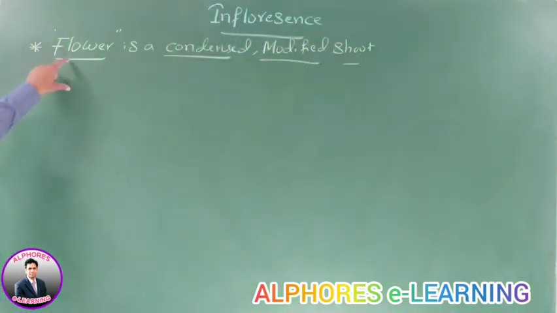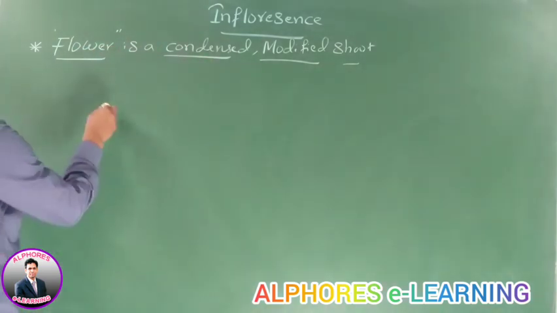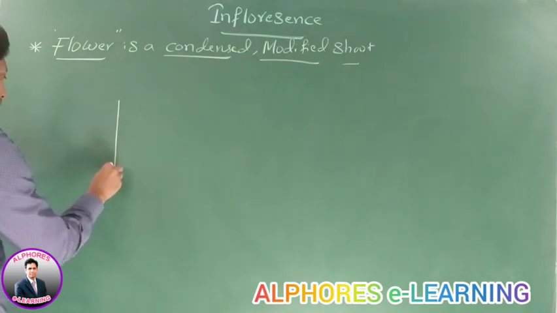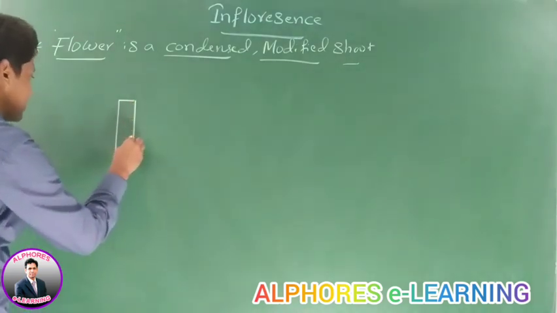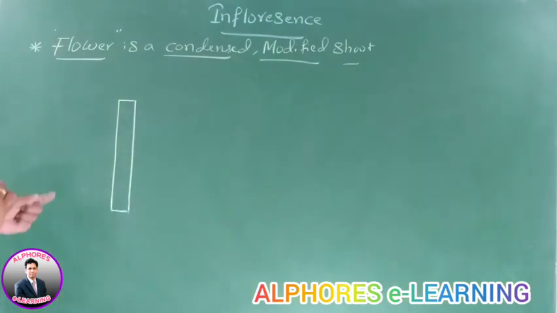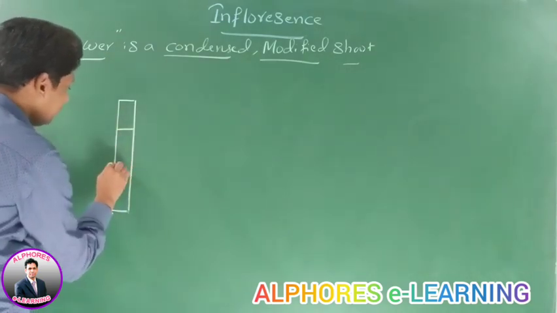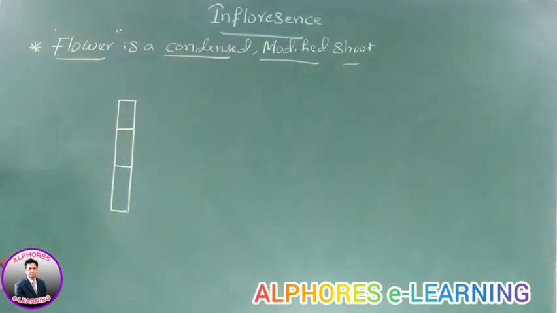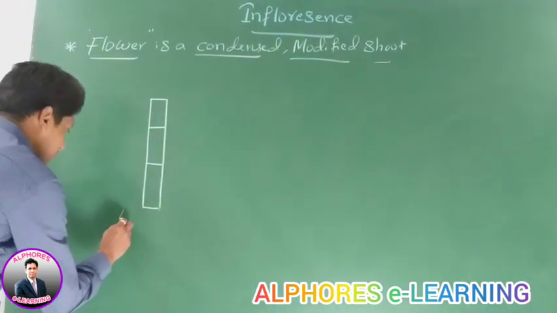Sir, how are we saying that flower is a condensed, modified shoot? Listen. Sir, what does shoot contain? Shoot means stem and leaves. Yes or no? Sir, this is a stem. See this stem carefully. Sir, this stem is having 1, 2, 3, 4 nodes. How many nodes, sir? 4 nodes.